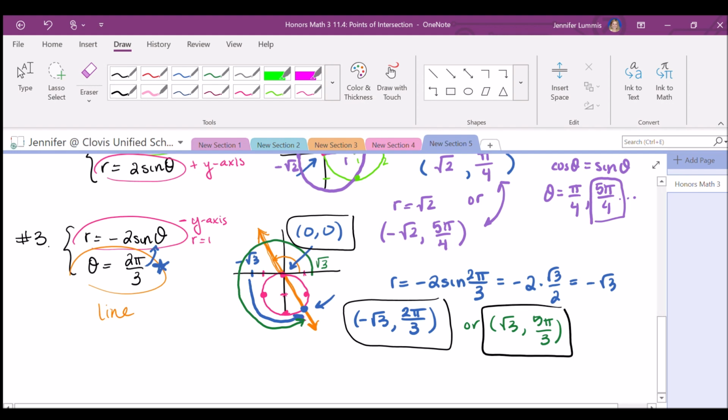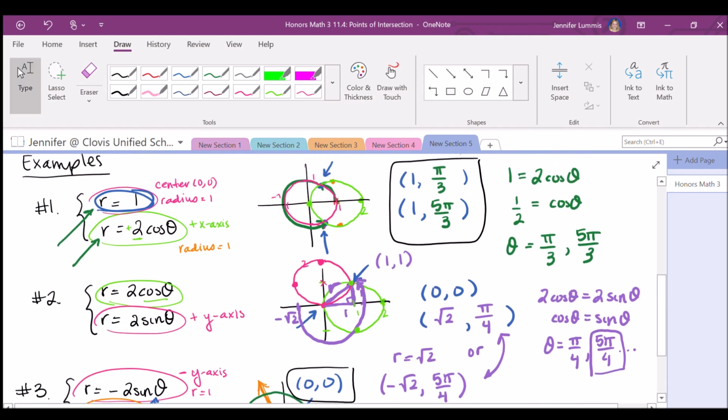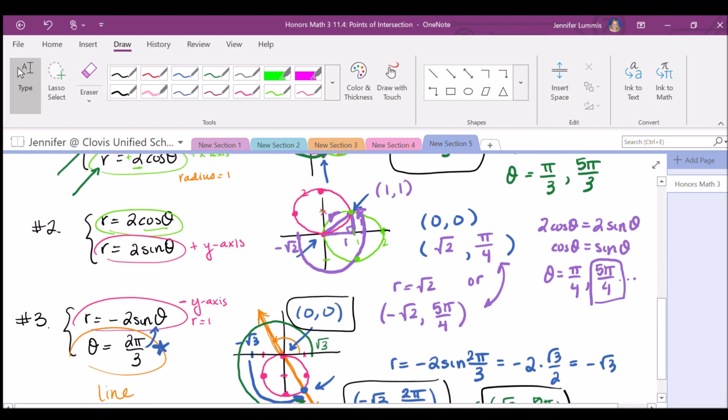All right, so you can see for several examples, we just set them equal. We found the radius either in the first problem because they told us what r was. If you simply have an r equals a number equation, that's your radius that you're going to use. In a problem like number 2, we didn't have what r equaled.